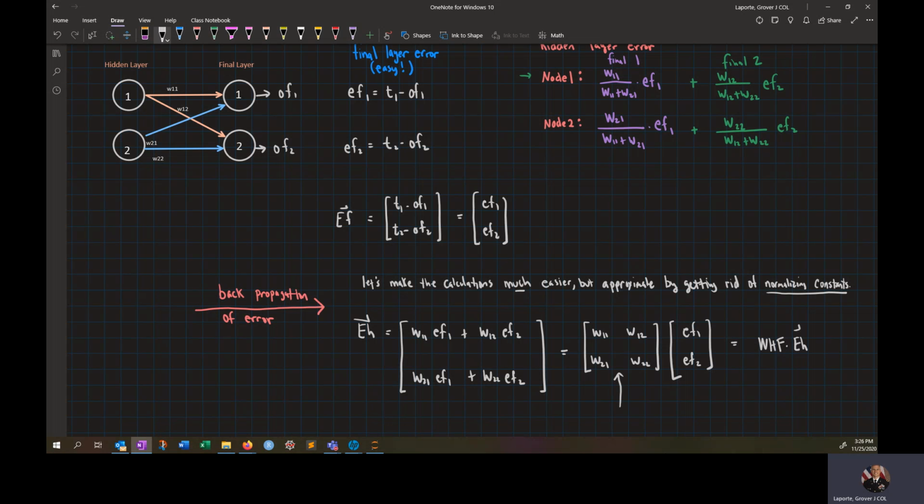So in order to backpropagate the error, if you take away those normalizing constants and you just focus on the weights, then you can simply take the WHF matrix and multiply it by EF. Okay, we're going to do that. That's going to be how we're going to tackle this problem. Otherwise, it would get too cumbersome, by the way, given the number of calculations we do at every single step. So we need something like matrix multiplication that's going to make our life a lot easier because the computer can do that very, very easily.